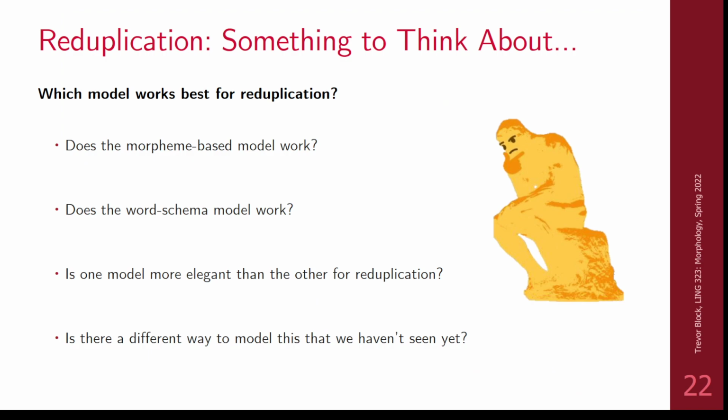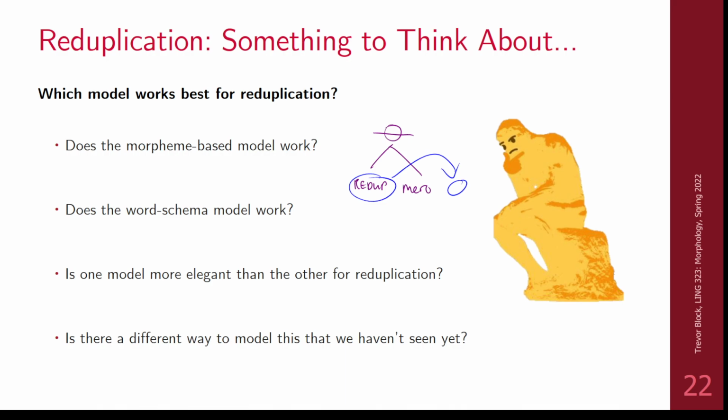Now here's a question: can we do it in the morpheme-based model? And we probably could. Let's say we have marrow here. We could add some reduplication prefix or suffix and say that we get some result. But, you know, does the reduplication happen before? Does it happen after? And like, how much do we reduplicate?